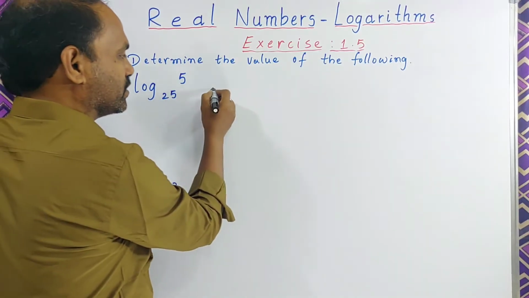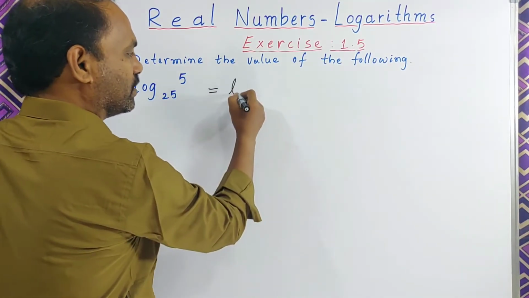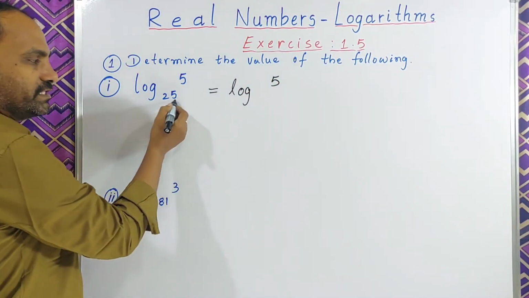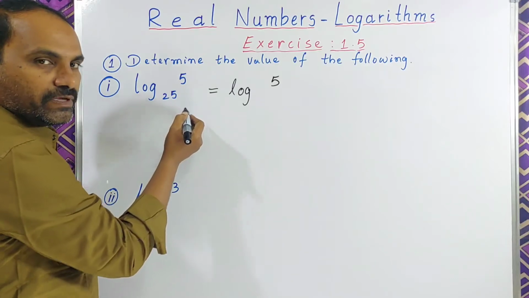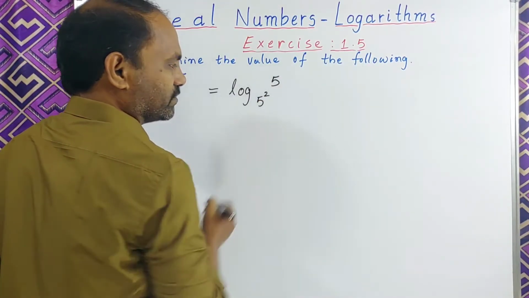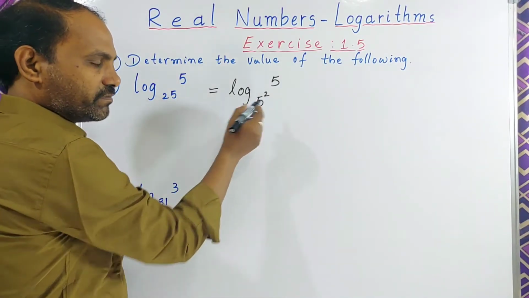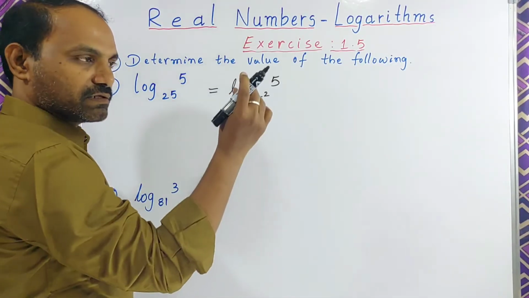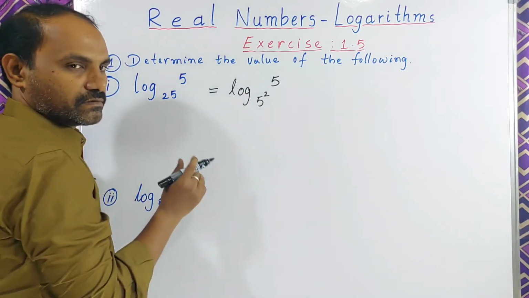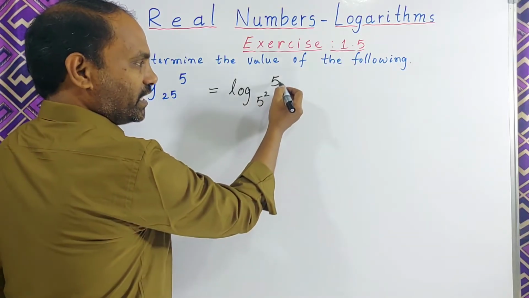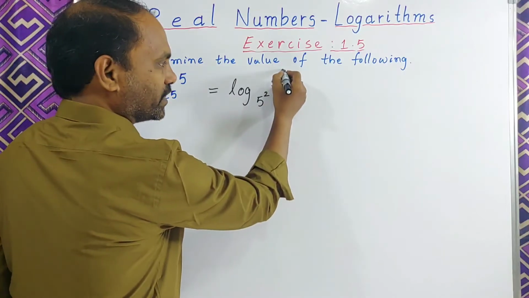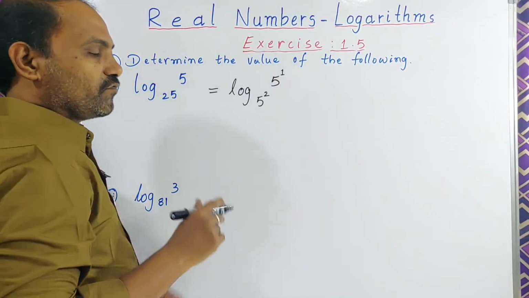Now here we can write log 5 to the base 25. 25 means 5 square, so you should write 5 square. Remember that the exponent must be small in size when you compare it with the base. Here the exponent of 5 is 1. Then we use one formula.